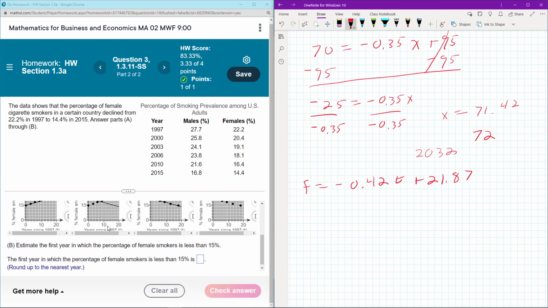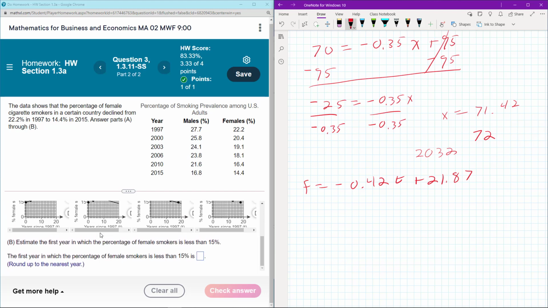The percentage needs to be 15%, so we're going to replace F with 15. So we will have 15 is equal to negative 0.42t plus 21.87. We will subtract 21.87 from both sides.